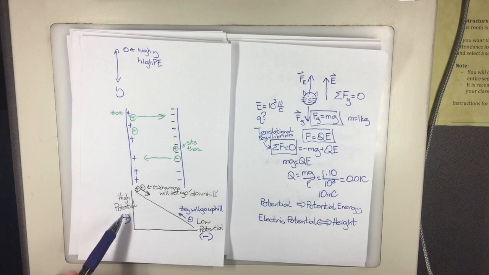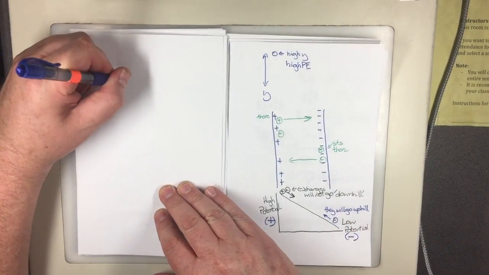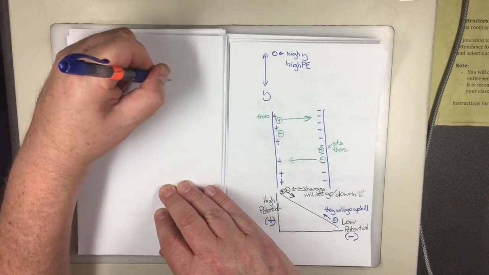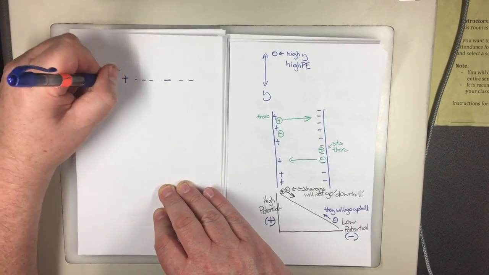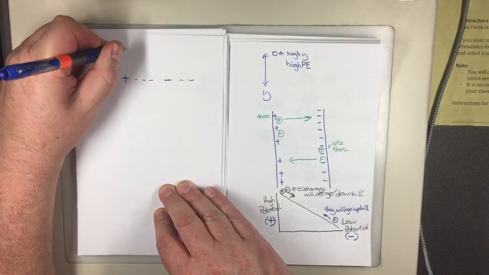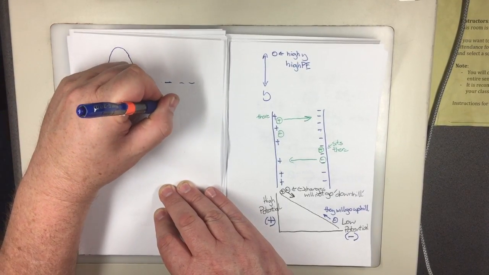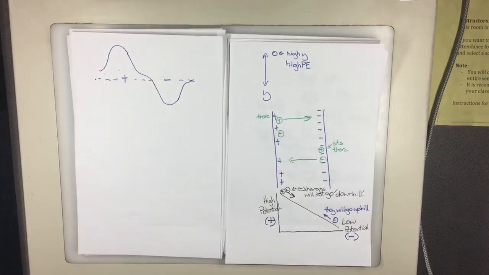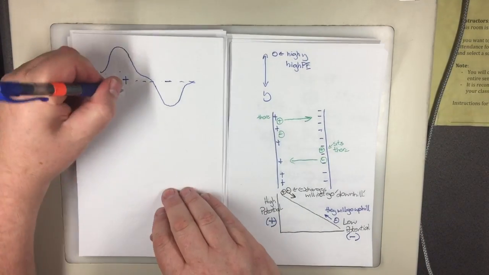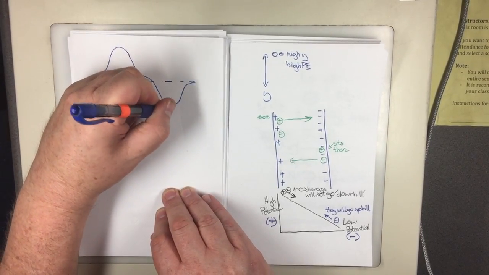The positive charges will be repulsed by high potential or positive charge, and they will go downhill. So if you had a positive and a negative charge, they're similar to hills and valleys. The positive charge is the hill and the negative charge is the valley.